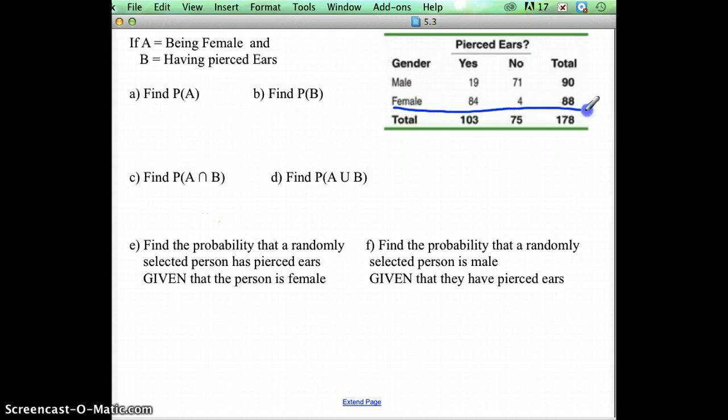There are 88 females out of a total of 178. Okay, let's say we want to find the probability of event B, which is having pierced ears. There are 103 people with pierced ears out of the 178.